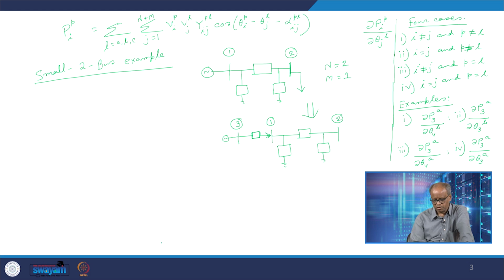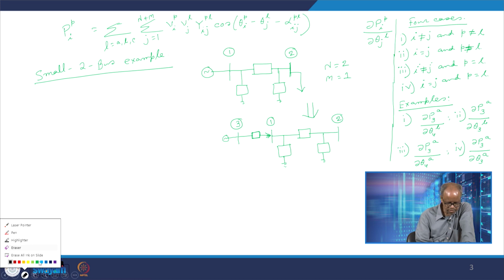Now in this 3 bus system, what are my unknowns? Now if I try to write down, let us say, P2A, obviously before writing down the P2A, the Y bus matrix would be 9 cross 9.